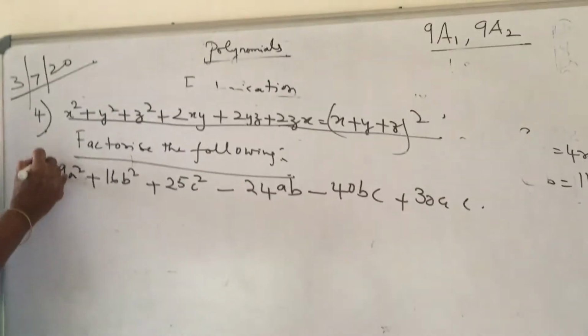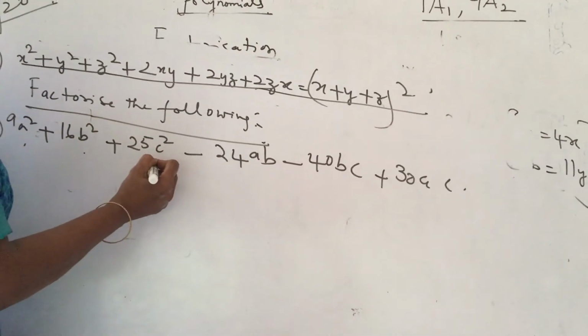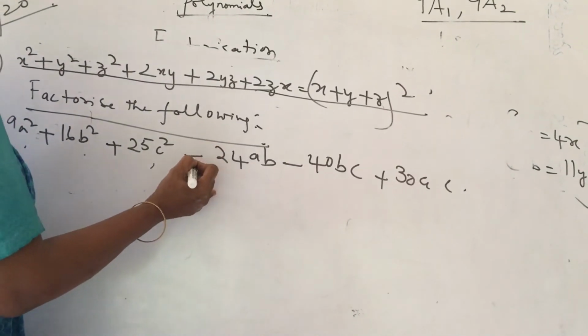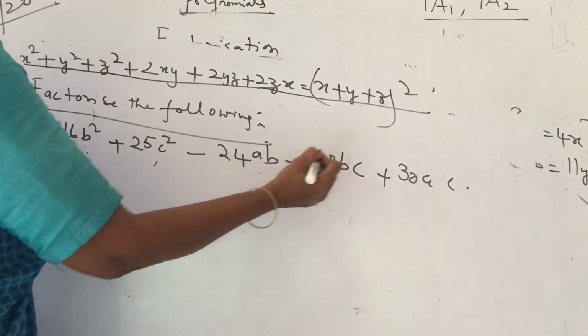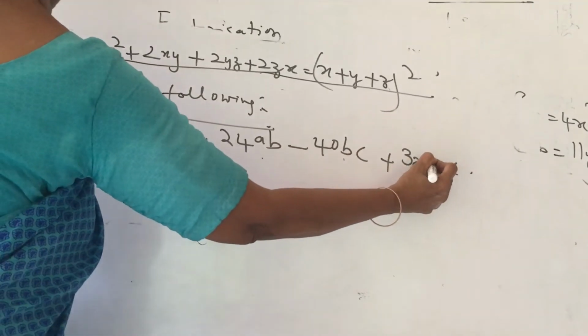Factorize 9a square plus 16b square plus 25c square minus 24ab minus 40bc plus 30ac.